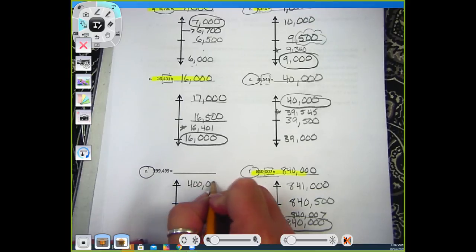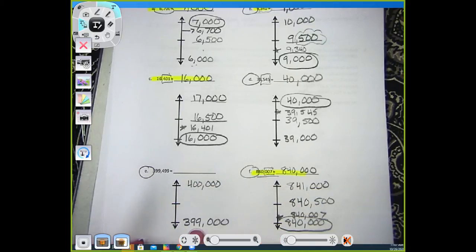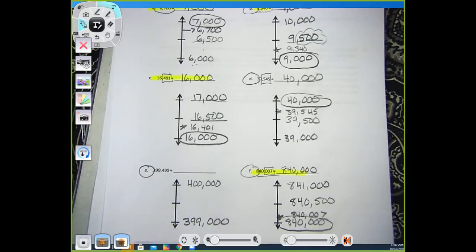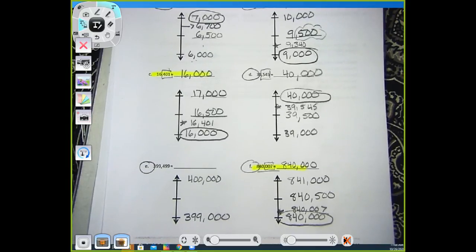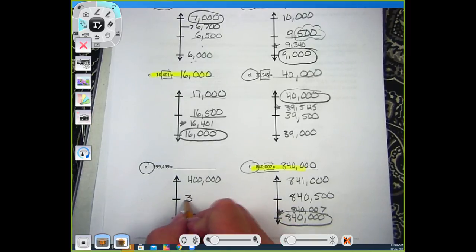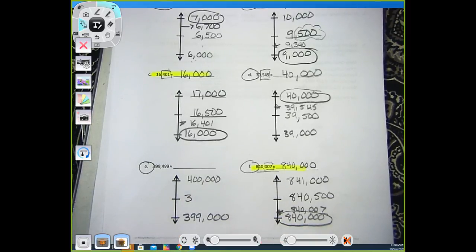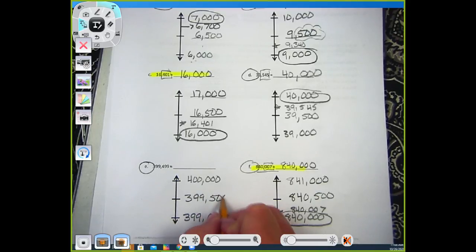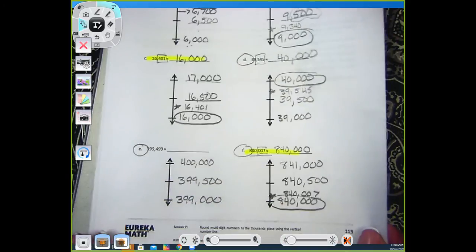Okay, what's halfway between 399,000 and 400,000? Basil, what's halfway in between? 399,500. Awesome. All right, now we got to plot.